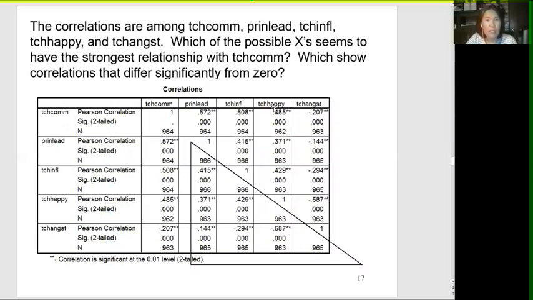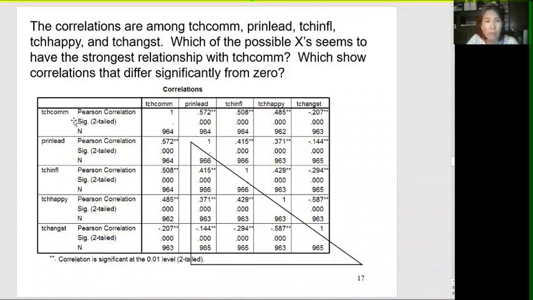So here, as I said, the correlation table. 0.415 is pretty high between principal leadership and teacher influence. Yeah, it's pretty high. And 0.429, happiness and teacher influence.